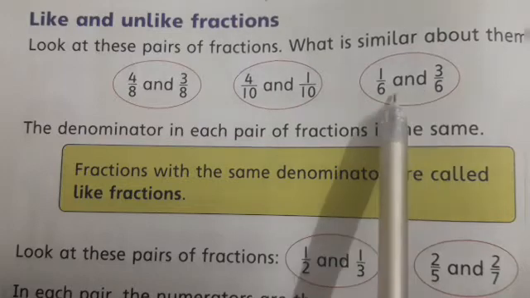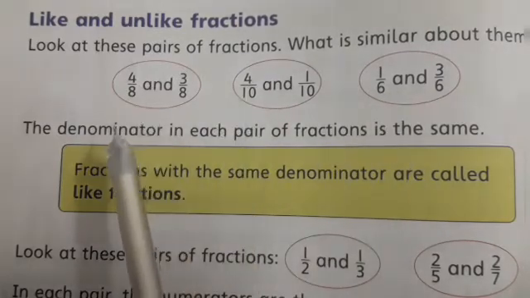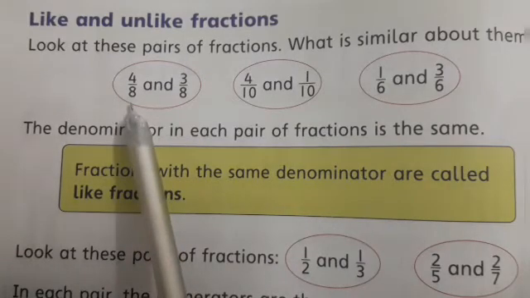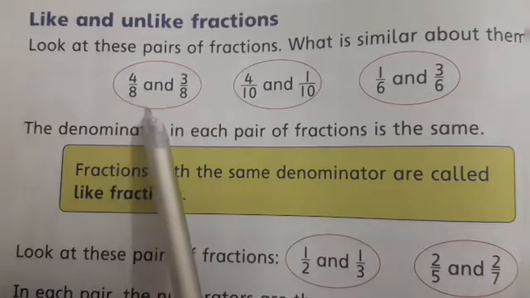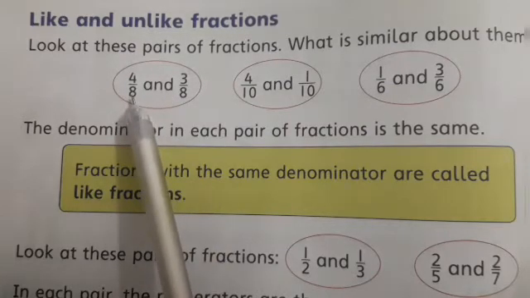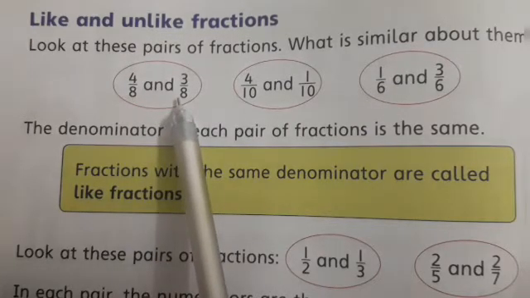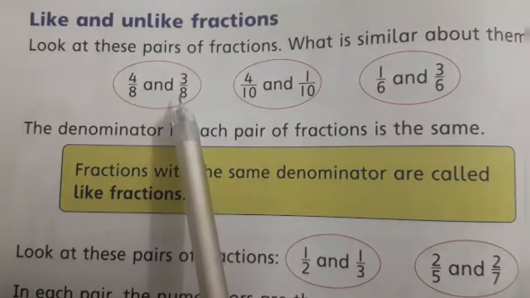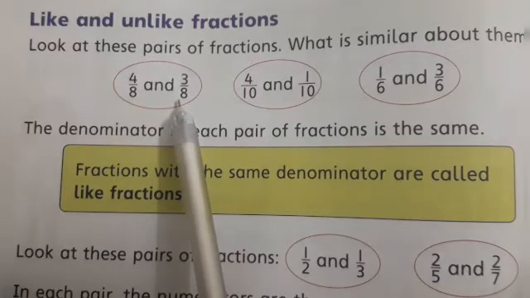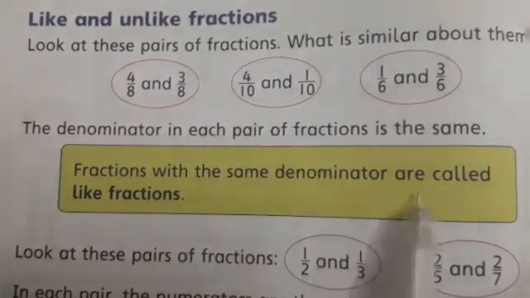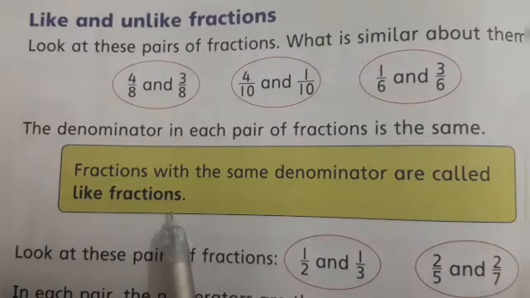So it means that the denominator in each pair of fractions is the same. Because the denominators are the same, this is called a like fraction. If the denominators in the pairs are the same, then it is a like fraction. So fractions with the same denominator are called like fractions.